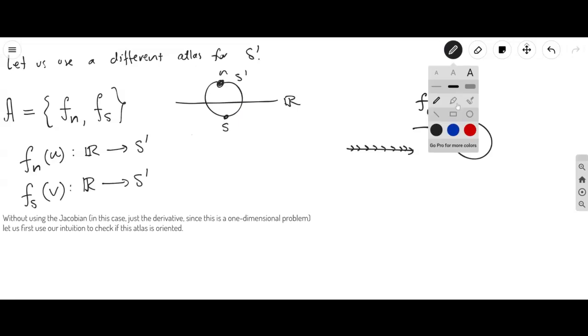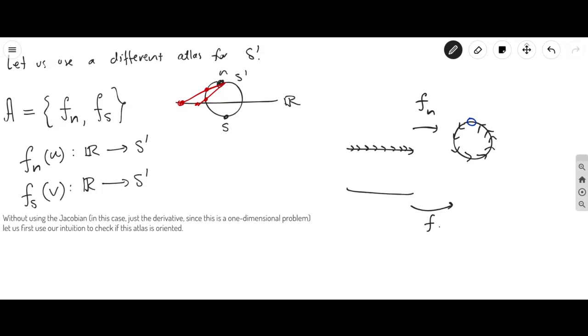Like this. If you have a point up here, it gets mapped there. And if you have a point over here, it gets mapped there. So you can see as you move from left to right, you're moving counterclockwise. So you're going to miss the North Pole. That's the point that is not covered. And you're going to move like this, counterclockwise. And the other chart, Fs, let's see what this one does.